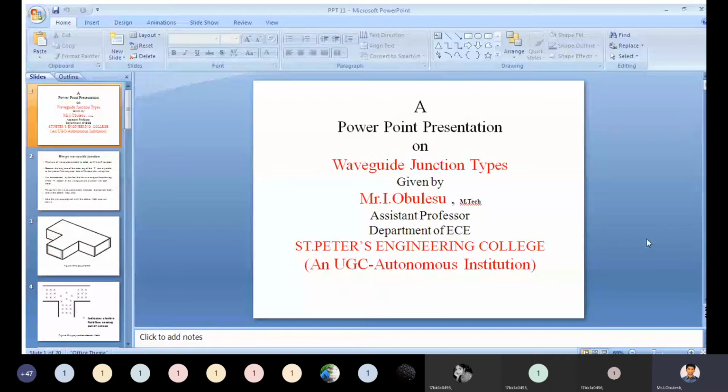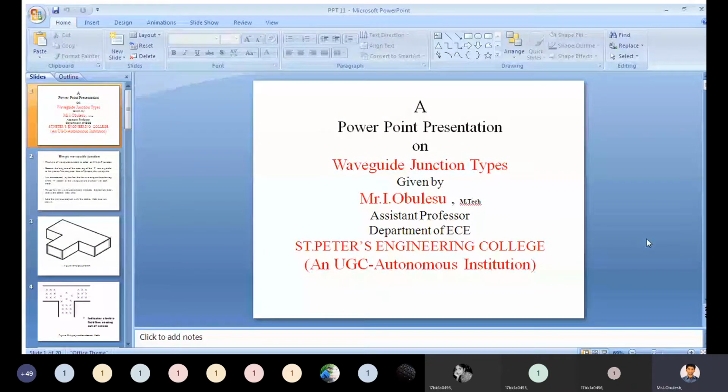The different forms of waveguide junction have different properties, and this means that they are applicable for different applications.